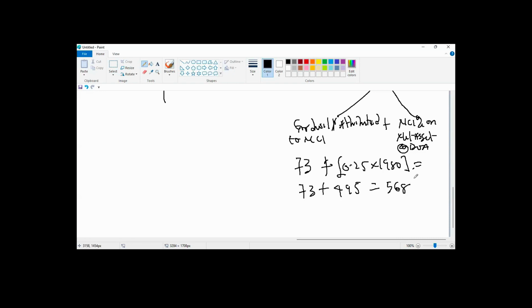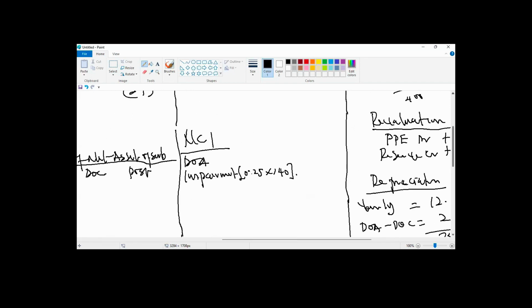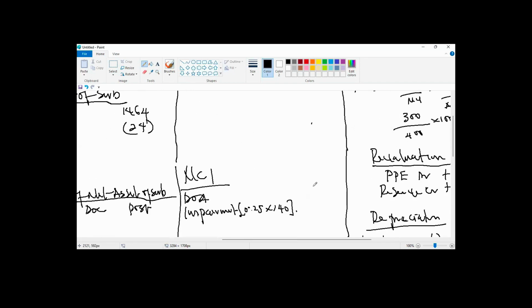The 568 I will now add to the cost of investment for my goodwill calculation. NCI at the date of acquisition was 568. That is why it's the best option. Option 1 will not give you the fair value of NCI. This 568 is the combination of 495 plus 73.